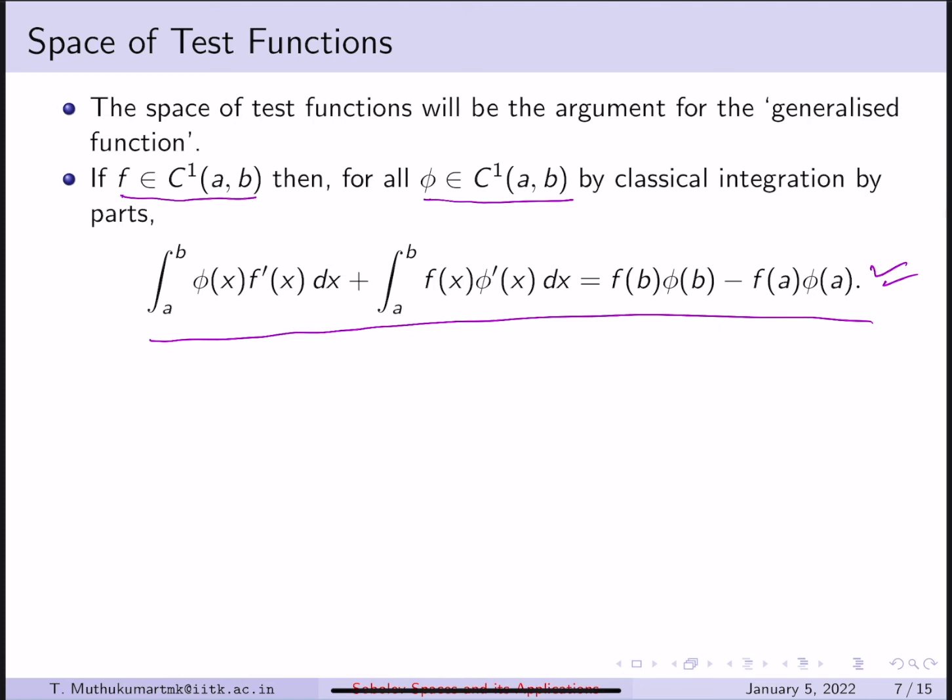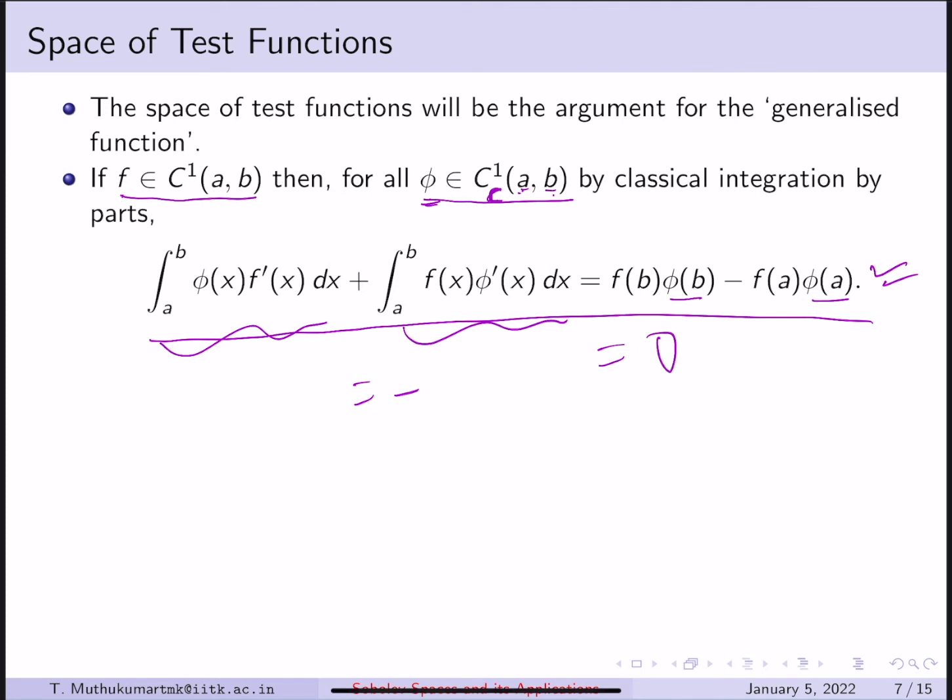Here, if instead of choosing phi from C1, I choose from a much smaller class, which is C1 compactly supported, that is, the support of this function is compact in (a, b), that means at the endpoints A and B the function will vanish, so phi(b) and phi(a) are 0. So what you actually have is this thing is equal to minus of this thing.